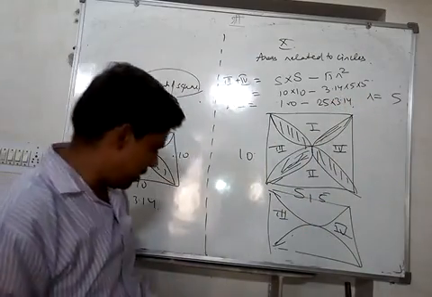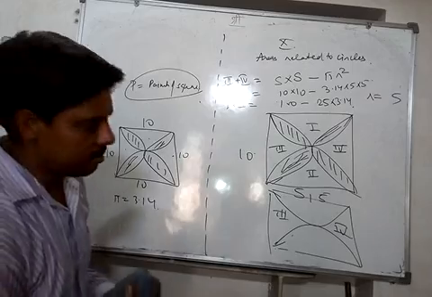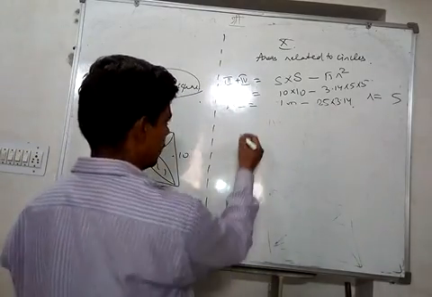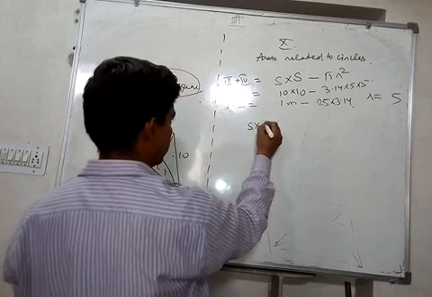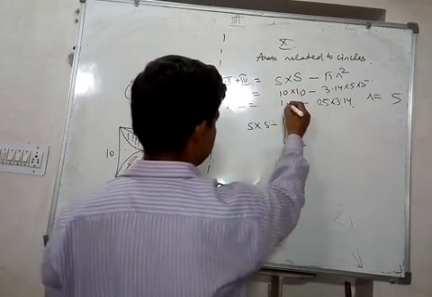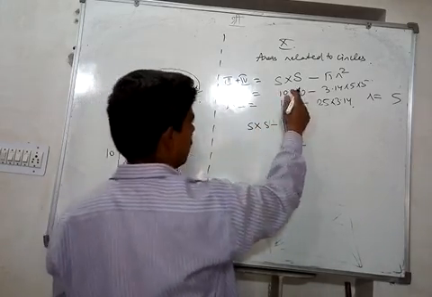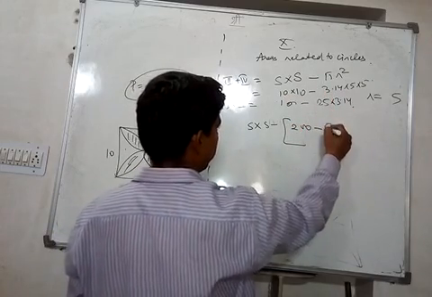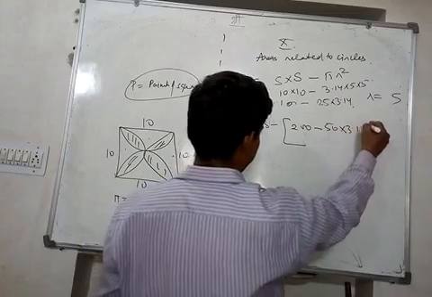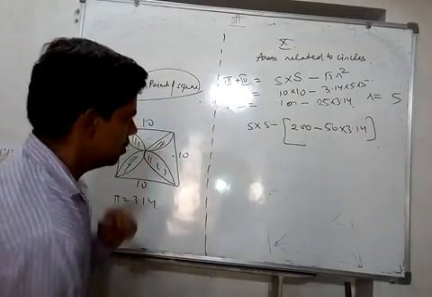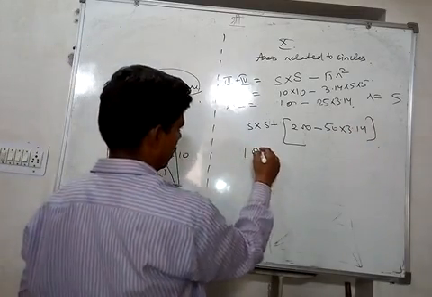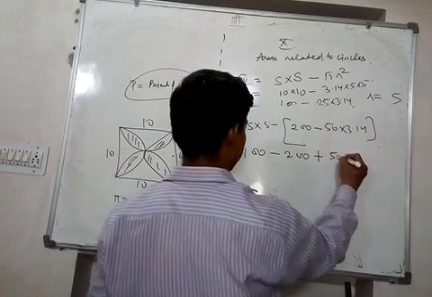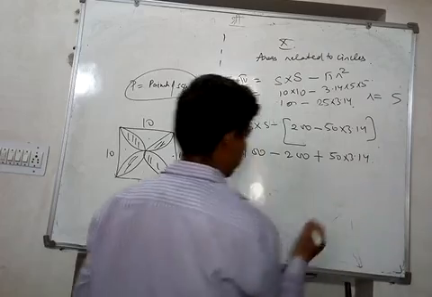So if you add 1, 2, 3, 4 and subtract from the area of square, you will get the required region. So required region is area of square, that is s into s, minus this 100 plus 100, 200, minus 25, 25, 50 into 3.14. Okay. So this is 100 minus 200 plus 50 into 3.14.